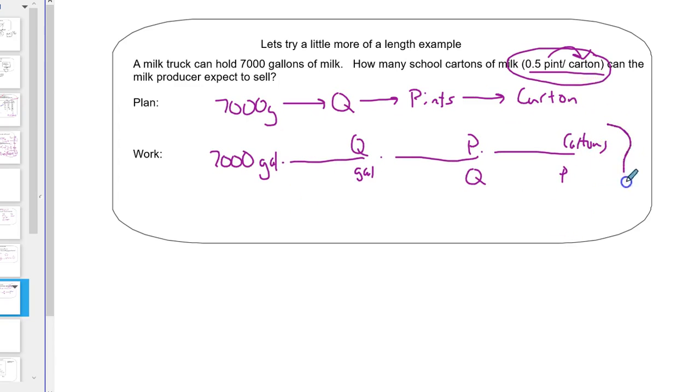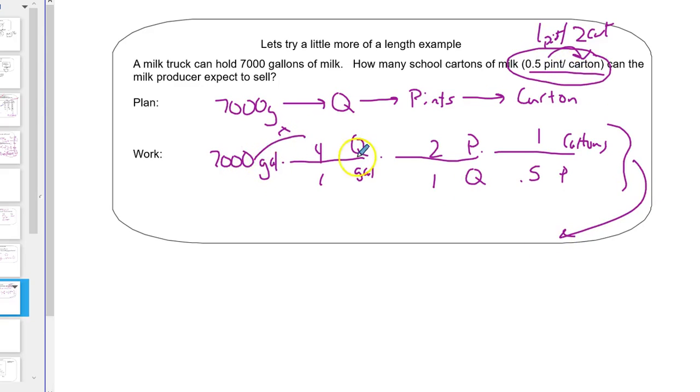But this process is what we really want to be able to do well and get in the habit of doing. 1 gallon is 4 quarts. 1 quart, 2 pints. This here is 0.5 pints per 1 carton. Or you could have done 2 cartons for every 1 pint. That's the same equivalency.